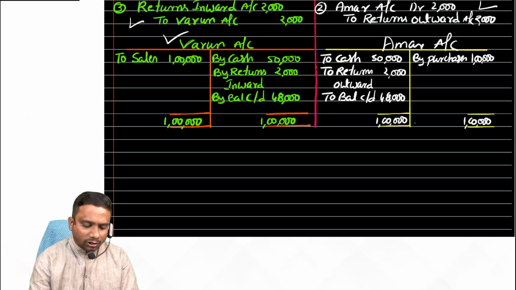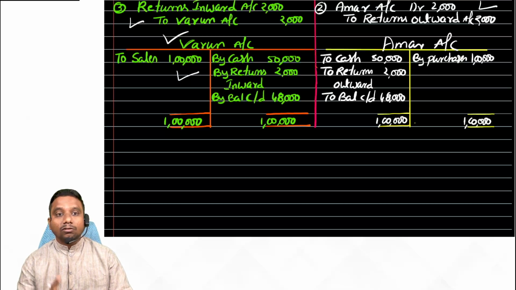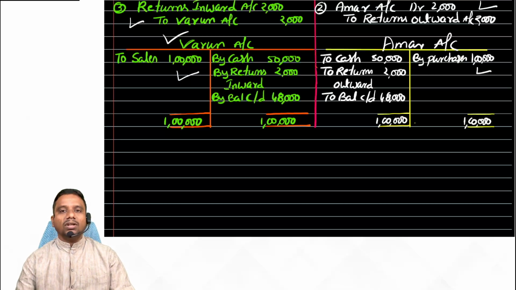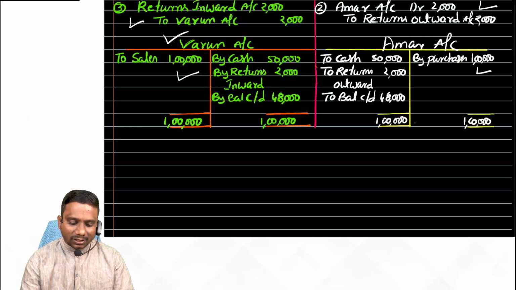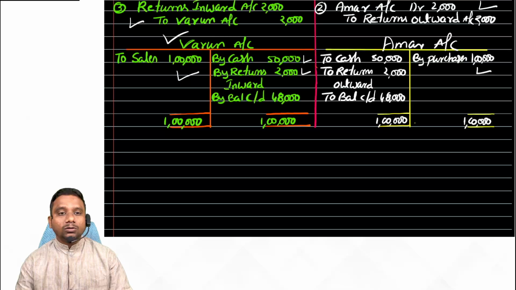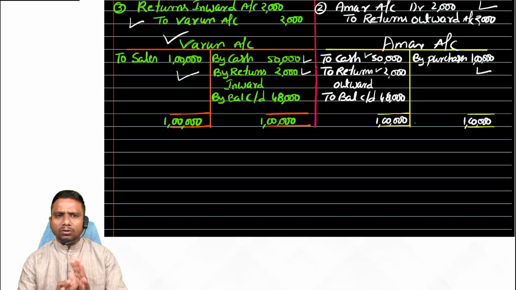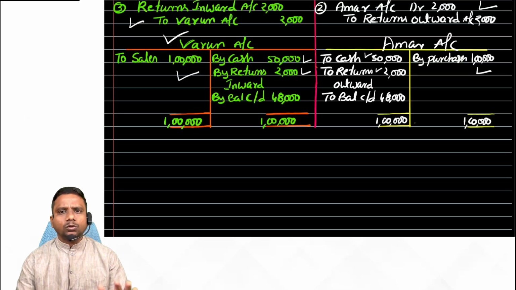When Amar is debiting 1 lakh, Varun credited 1 lakh. When Amar credited 50,000 and 2,000, Varun debited 50,000 and 2,000. Same amount, there is no change.